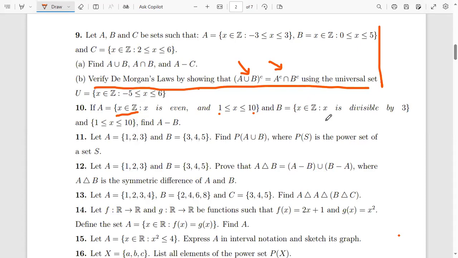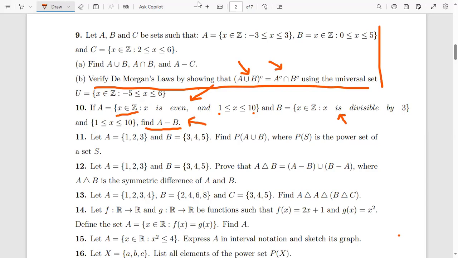And then B, they're saying it's a set of all the x's such that x is divisible by 3, and x is between 1 and 10. And then they're saying find A minus B. So we have to interpret this set here, and we also have to interpret this set here. List out the members of this set, list out the members of this set, and then we'll be able to find our A minus B. So that's what we are going to do.